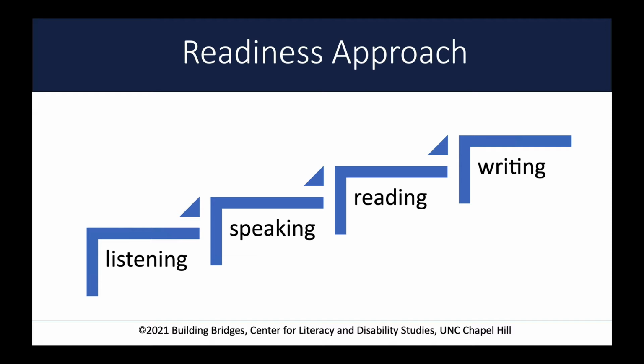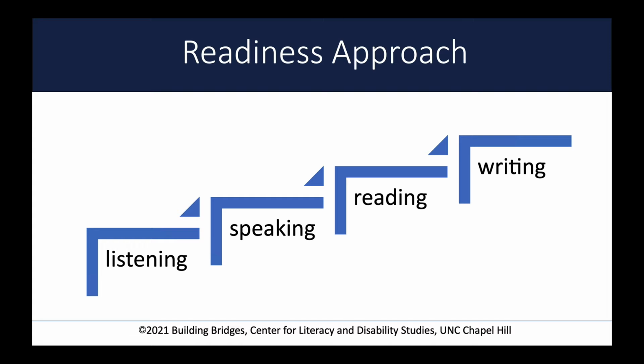A comprehensive approach stands in contrast to readiness approaches, or approaches to instruction that focus on mastering skills in one area before moving to the next. In the context of literacy, this often means that students are first expected to learn to listen and understand before they begin speaking. And these two areas are firmly established before students are ready for reading instruction, and so on.